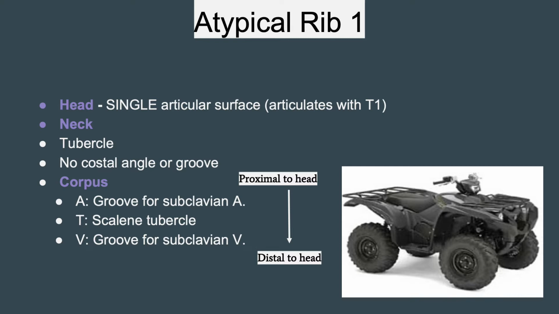T stands for tubercle, that's going to be your scalene tubercle. And then V stands for vein, which is your groove for the subclavian vein. So just remember ATV from closest to the head to furthest from the head, and you will have that sorted. So that's a really common test question regarding the ATV on rib 1.